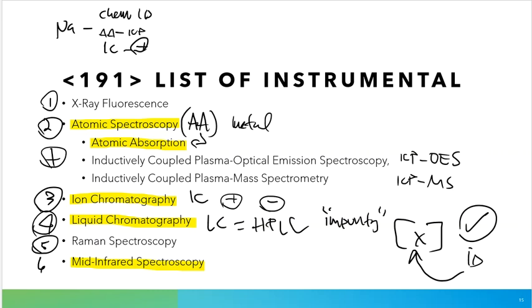And then next is number 6, and that's mid-infrared spectroscopy. We do quite a bit with this instrument, and it is also sometimes simply regarded as infrared. So infrared or FTIR, Fourier transform infrared, all of those really talk about the same types of processes. Fourier, F-O-U-R-I-E-R, transform for FTIR.